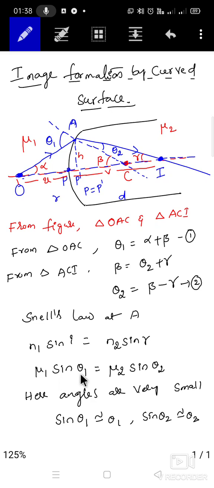So we can write mu 1 theta 1 is equal to mu 2 theta 2.